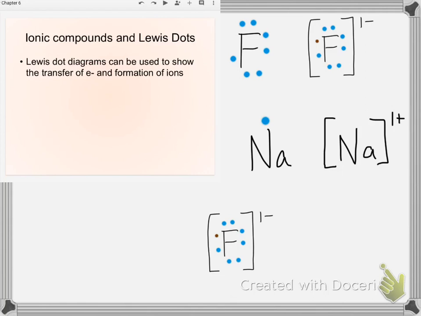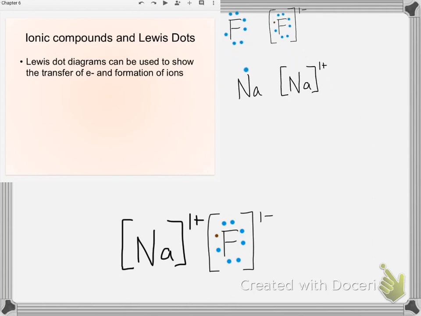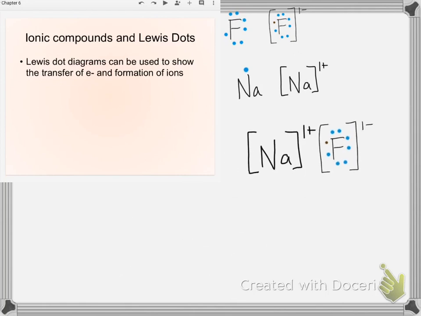I'm going to copy that. I'm going to paste it. Hey, look at that. They're shoulder to shoulder. They're not overlapping in any way, shape, or form, but they sure are a compound. So we can actually show ionic compounds using Lewis dot diagrams.